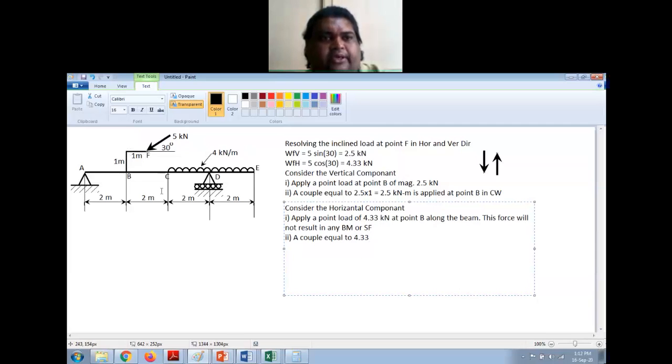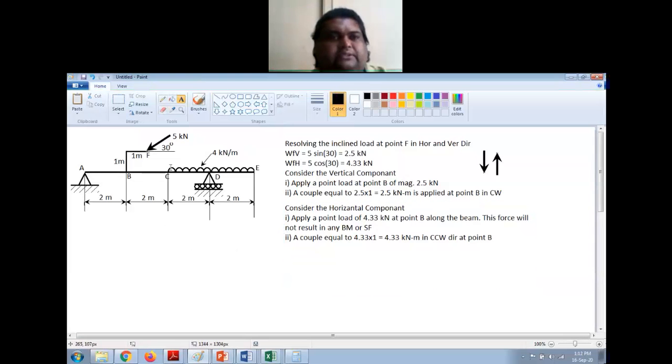So this is making a reverse couple, a counterclockwise couple. So 4.33 into 1 is equal to 4.33 kilonewton meter in CCW, counterclockwise direction at point B, right? So I have to replace this entire thing with these four things in my load diagram.